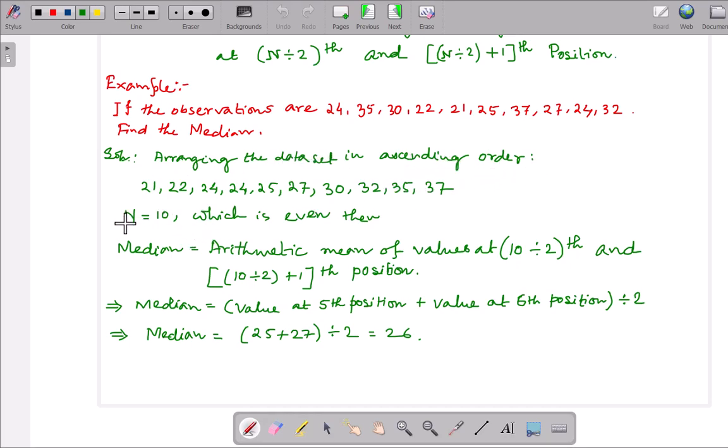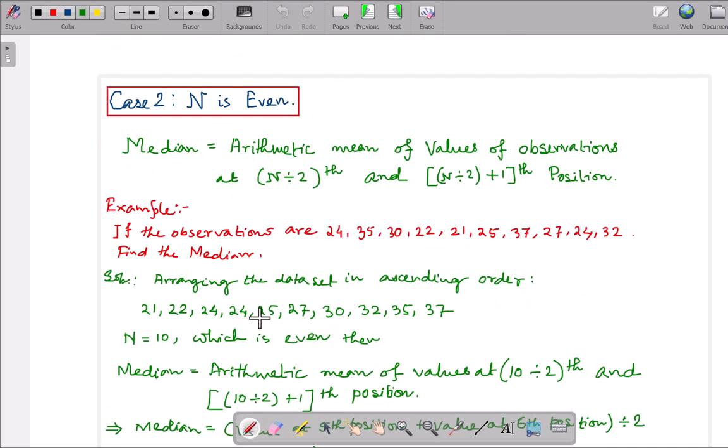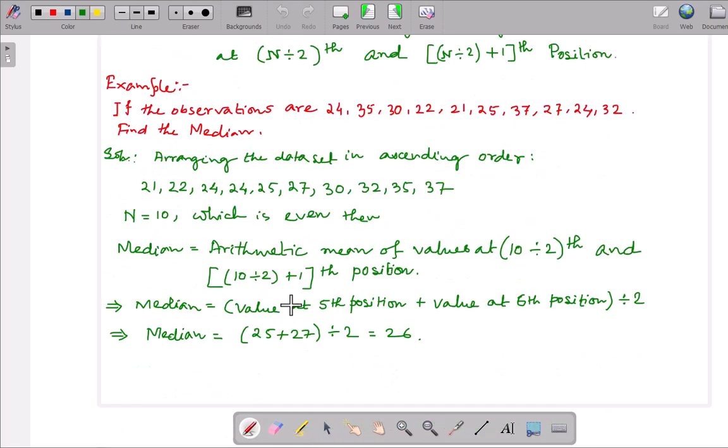And we note that here n is equal to 10, which is even. Then median will be the arithmetic mean of the values at 5th and 6th position. That is, the arithmetic mean of 25 and 27, that is 26.